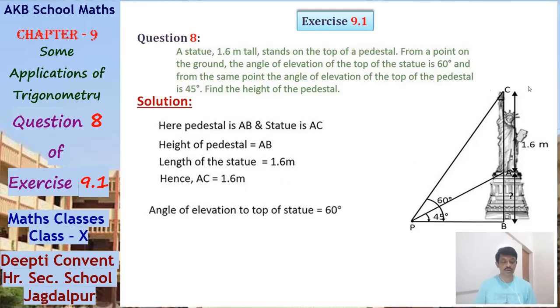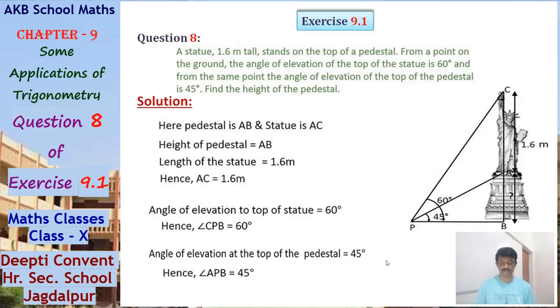The angle of elevation of the top of the statue is 60 degrees from this point, that's why angle CPB equals 60 degrees. Also the angle of elevation of the top of the pedestal, that is A, from P is 45 degrees, that is angle APB is 45 degrees.